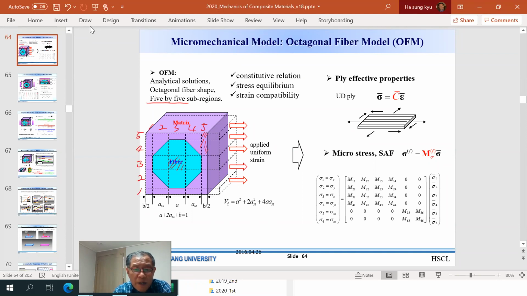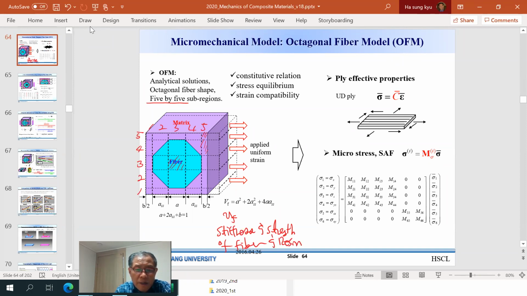And we apply, of course, the given properties: VF and the stiffness and strength of fiber and resin.